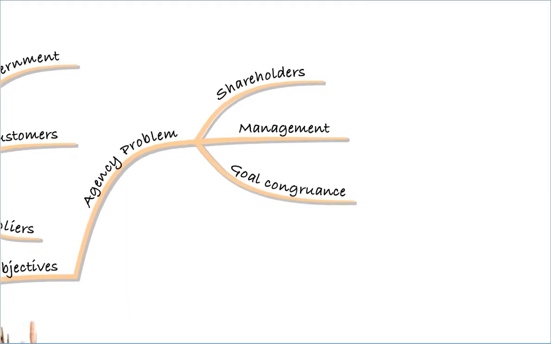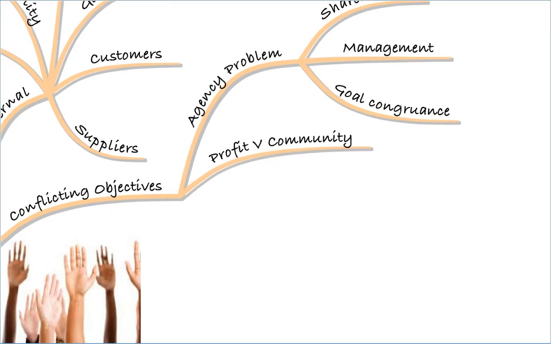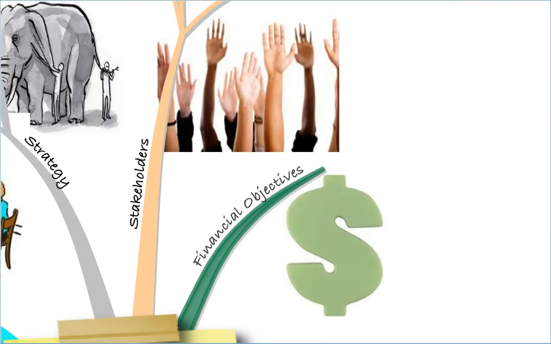So we had to see how can we make those goals come together through goal congruence. We need to make the management objectives longer term, and that might be through share options. So that was the agency problem. We also talked a little bit about profit as against community and environment objectives.